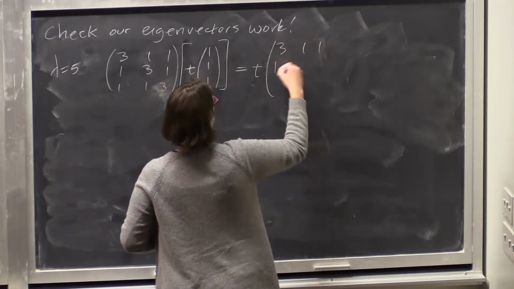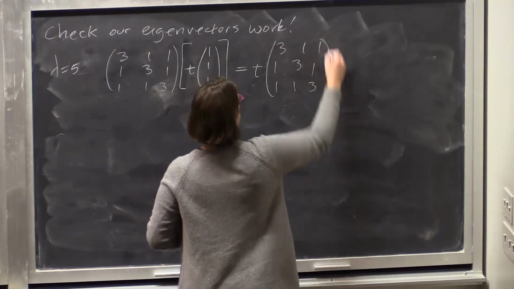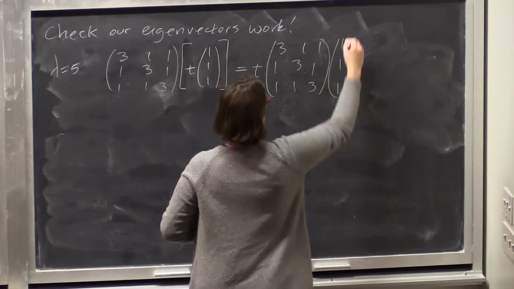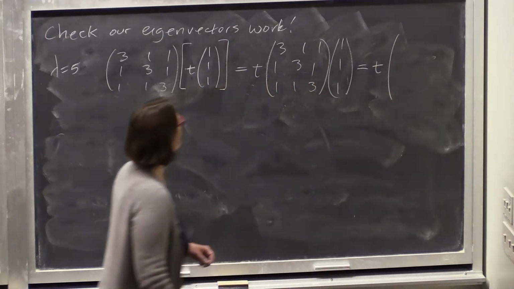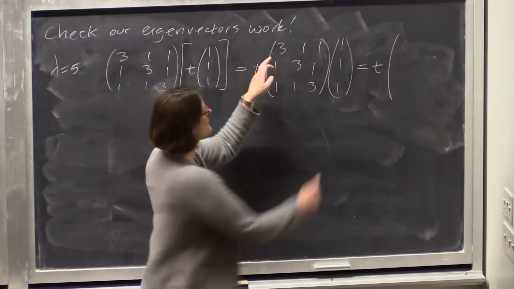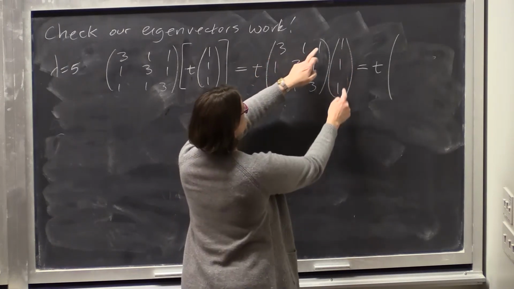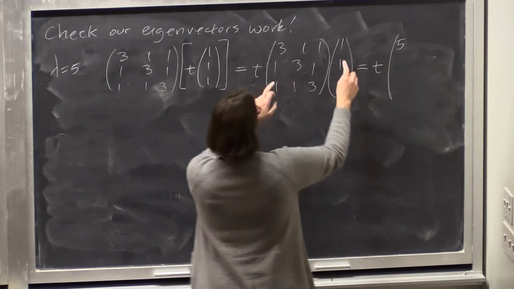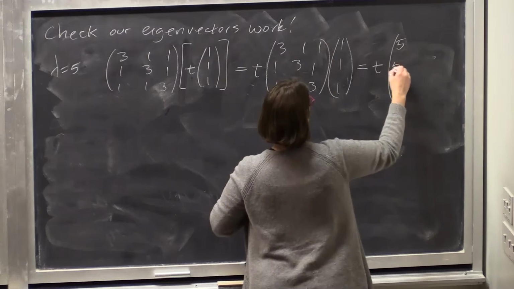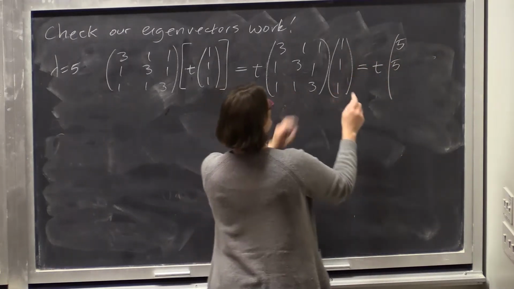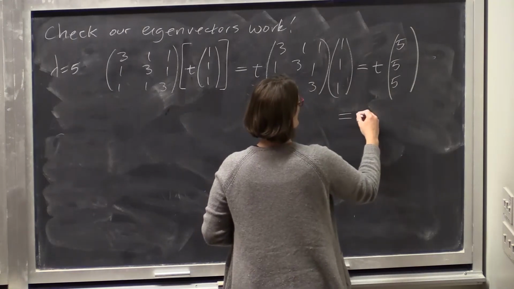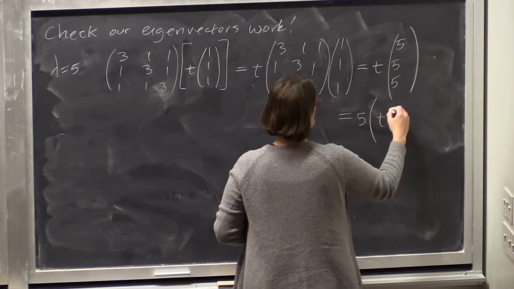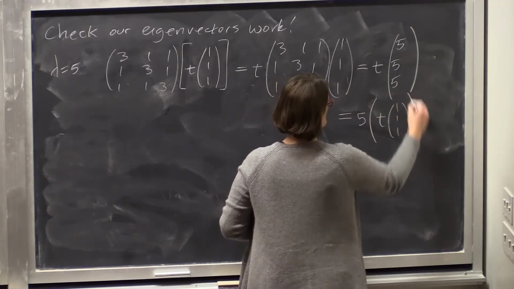3, 1, 1, 1, 3, 1, 1, 1, 3 times 1, 1, 1 is t times 5, 5, 5, which is equal to 5 times t times 1, 1, 1.